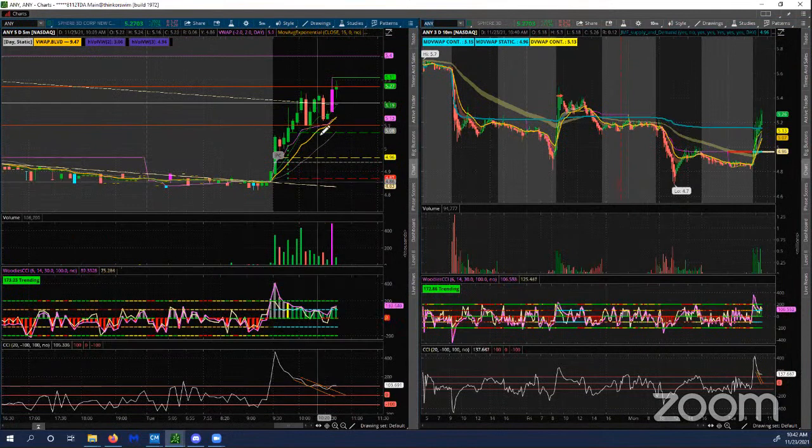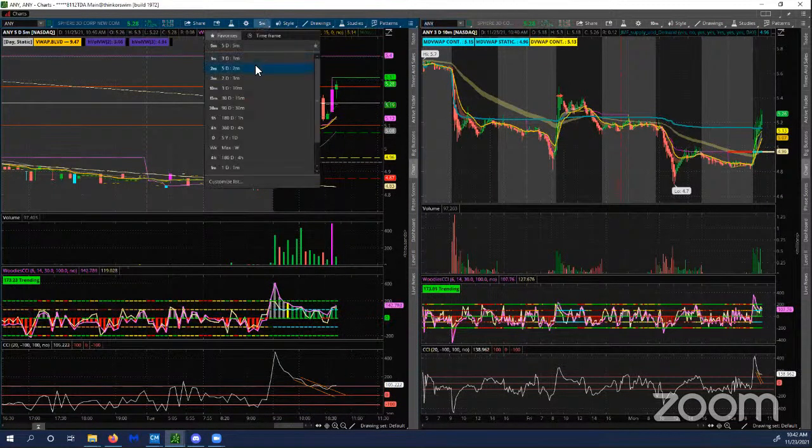Gotta pop down, hit, pop up. We got a break of this lower CCI. 1, 2, 3. Let's look at 2 minute.